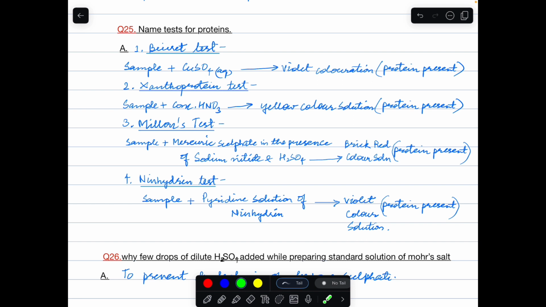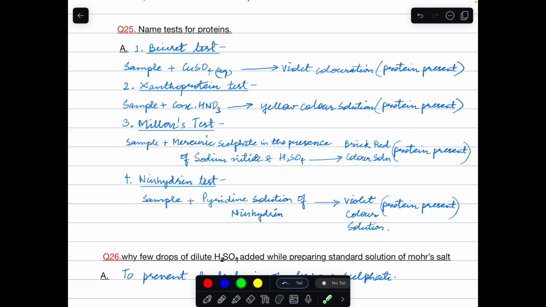Now, third one is the Millon's test. In case of Millon's test, the sample again in the form of solution is taken, and after this, you will add mercuric sulfate in the presence of sodium nitrite and sulfuric acid. These three reagents together we call Millon's reagent: mercuric sulfate, sodium nitrite, and sulfuric acid.